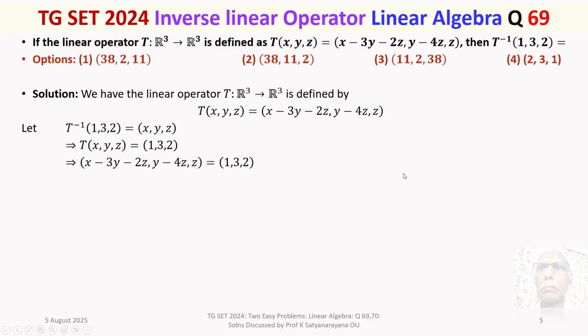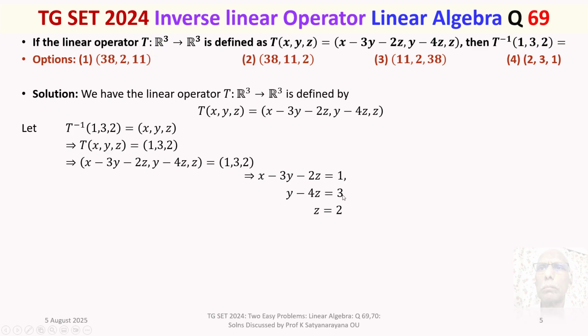This implies, equating the corresponding entries, x minus 3y minus 2z is equal to 1. The second component, y minus 4z is equal to 3. The third component, z is equal to 2.